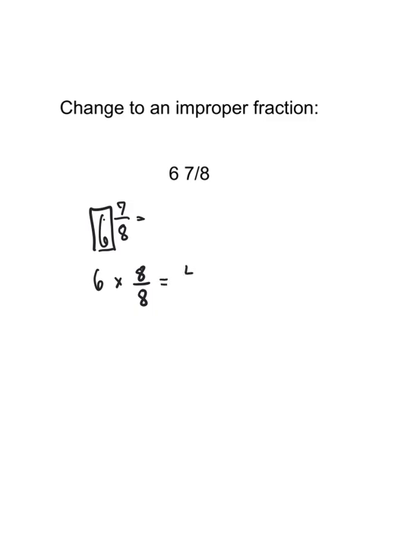So that's going to give me 48/8. Then I'm going to take my 48/8 and add 7/8 to that. So you go ahead and calculate how many 8s that will give us. Whatever your numerator is, put it on top of 8, and that's your improper fraction.